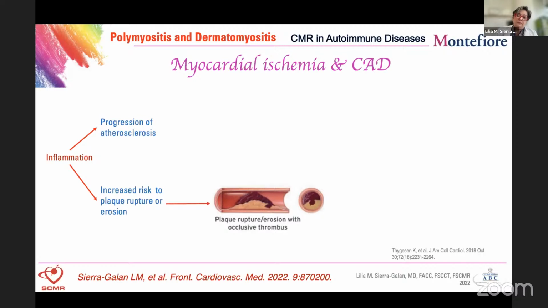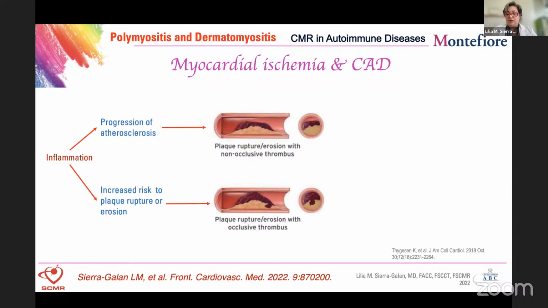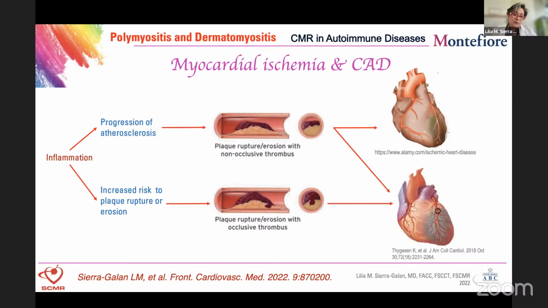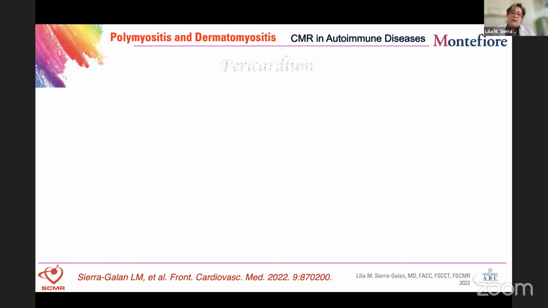So if the patient has a plaque erosion, we are going to have an acute coronary syndrome, and if the patient has progressive atherosclerosis, probably we are going to end up in a myocardial ischemia or even in a myocardial infarction. And with the rupture, we are going to have an acute coronary syndrome, maybe myocardial infarction. And the other mechanism is because we already have a left ventricular dysfunction that increases ventricular filling pressure, and that will produce myocardial ischemia as well.